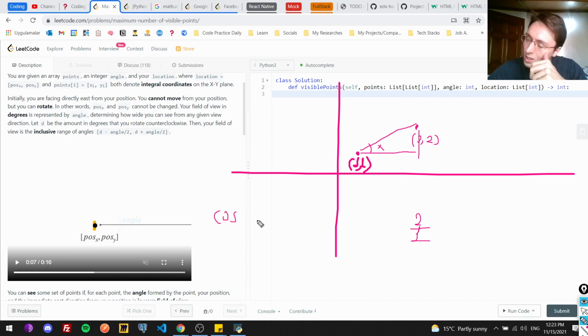Give me a second. If I take the differences, so tangent x is equal to 1 divided by 2, right?